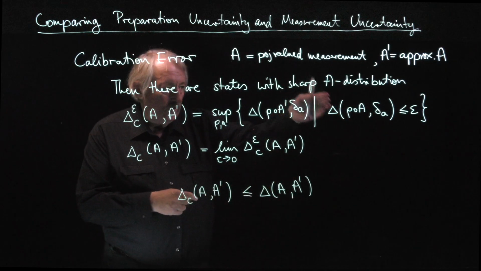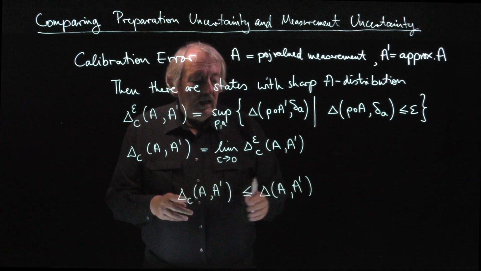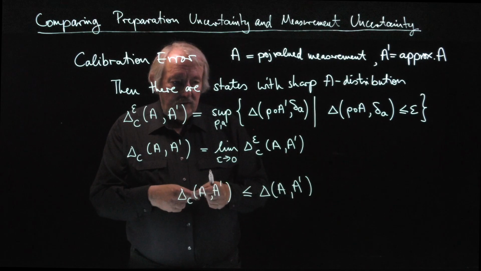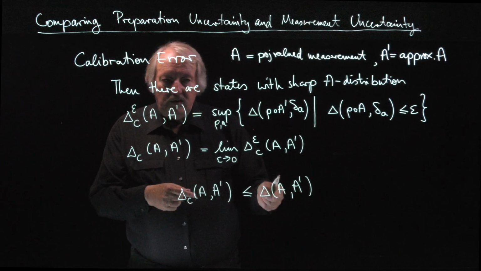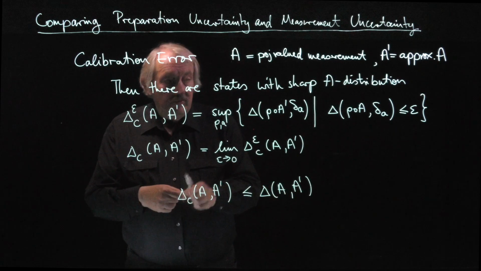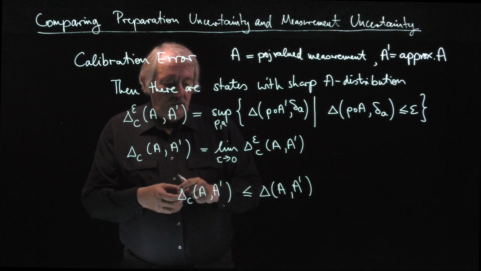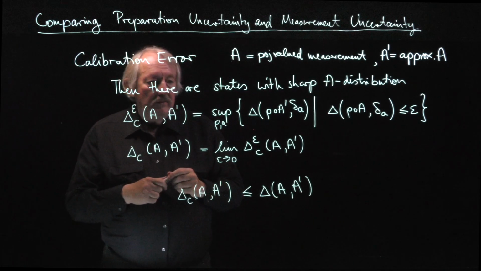Actually, you could also throw in convex combinations of states with sharp distribution. That wouldn't change this quantity. So anyway, this is a straightforward inequality, and that would be like the standard measurement. This is used in the standard measurement uncertainty. But then we have, in the projection valued case, this additional thing that lies between the two.